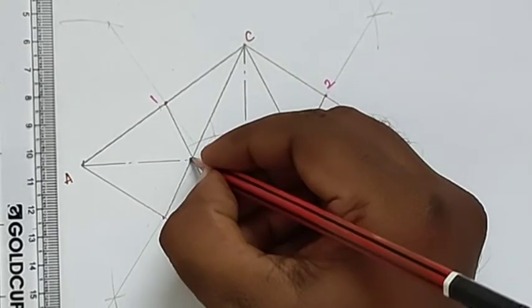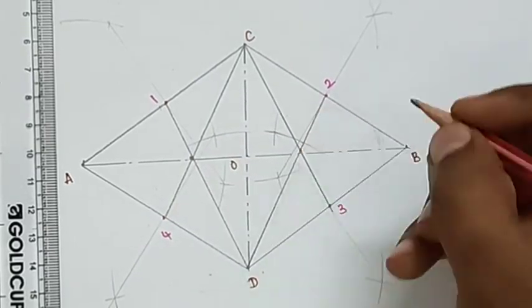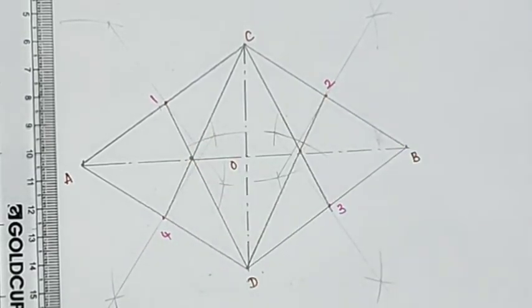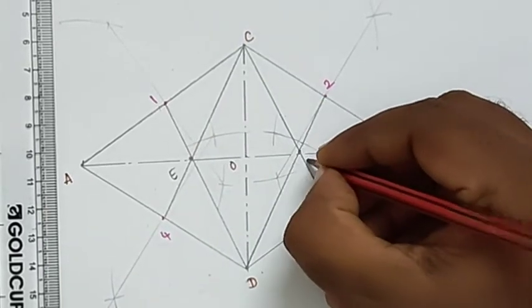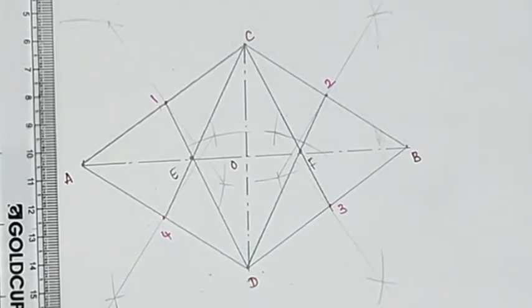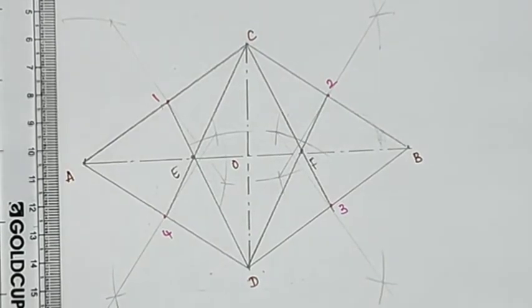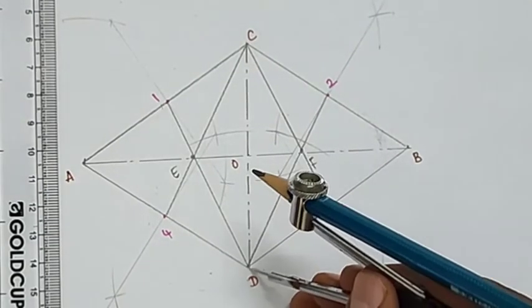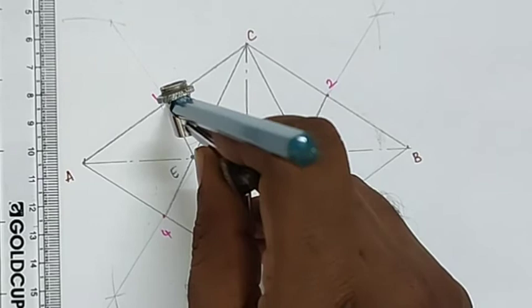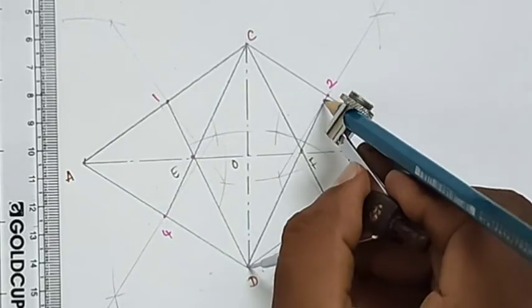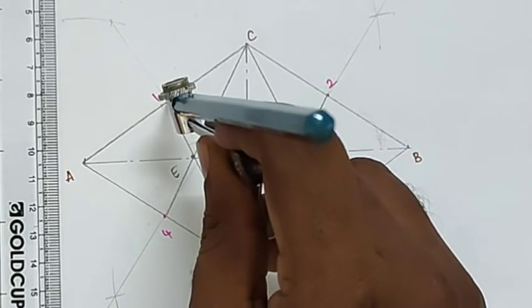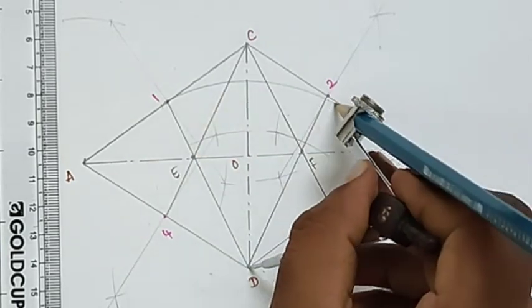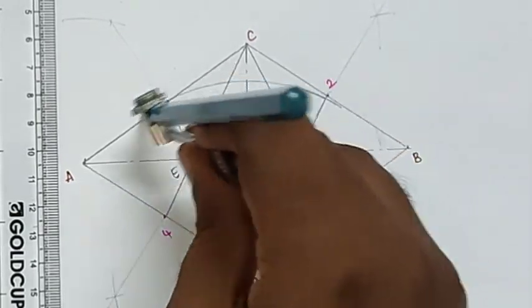So these lines are intersecting at points. I am selecting this one as E and this one as F. Now by using your compass, taking D as center and D1 or D2 as the radius, you will draw a large arc like that.